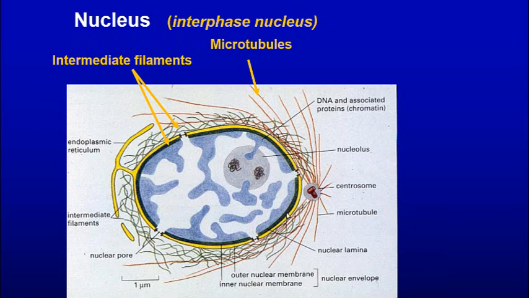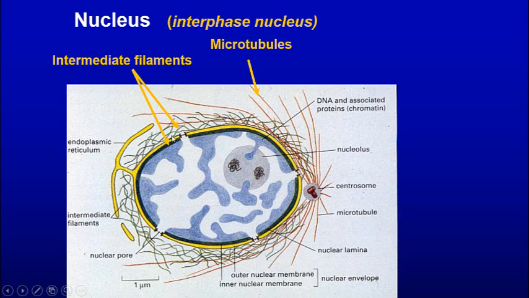So if we look at the nucleus, this is a nucleolus, this is a nucleus, and we can see this centrosome here with radiating microtubules. Also, there are intermediate filaments associated with the nuclear envelope. We can see nuclear pores in through here, the inner nuclear membrane, the outer nuclear membrane, making the nuclear envelope as you see.